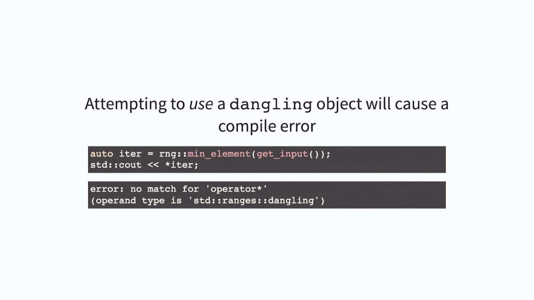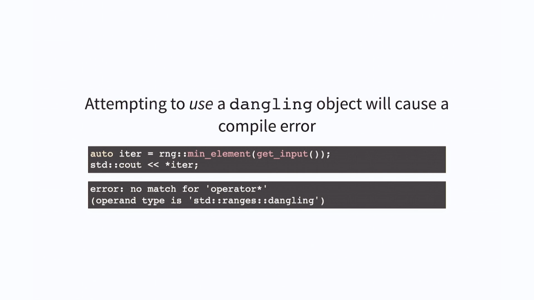The compile error is going to look like this. Error, no match for operator star, operand type is standard ranges dangling. In fact, this is the exact error message that GCC prints out. So this is actually really good, because this means that when we see an error message that involves this standard ranges dangling type, we know exactly what has caused it.